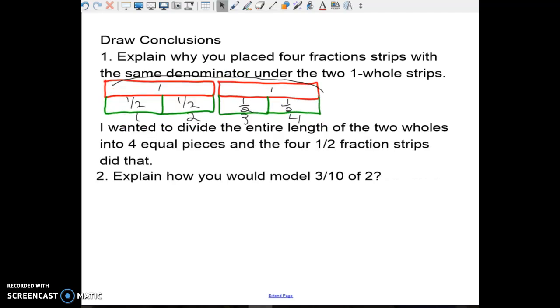Explain how you would model 3/10 of 2. How would we go about doing that? What would we start with? Well, we'd have to start with our 1 wholes, right?